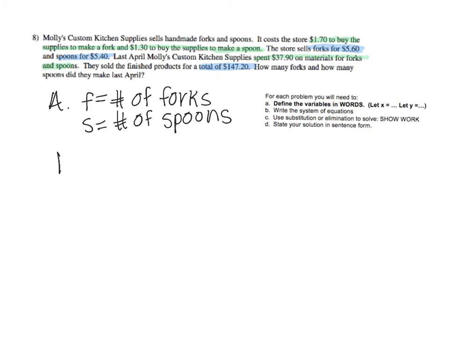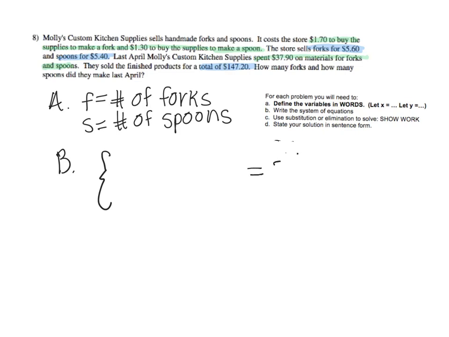When I'm writing my system, I'm going to first look at the relationship highlighted in green. That's going to look something like the cost of the forks plus the cost of the spoons equals how much they spent. So it's going to be equal to $37.90. Now, the cost of the spoons to make a spoon was $1.30.